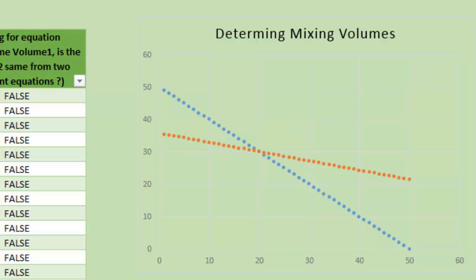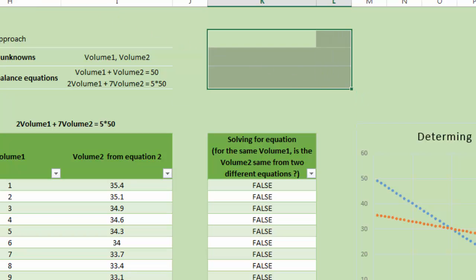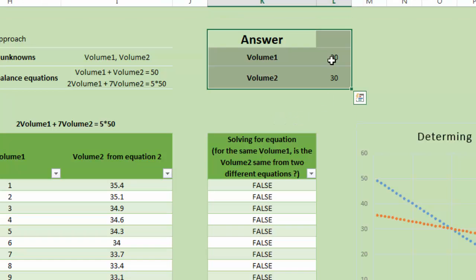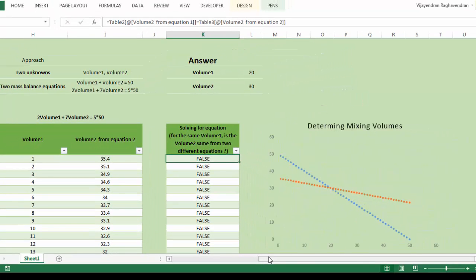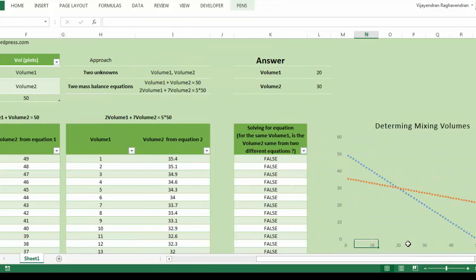Then I've also written some more equations to represent answers like this. At some point you can see that there is one particular value of volume 1 where the volume 2 is the same for both equations, and that's what I'm comparing here.